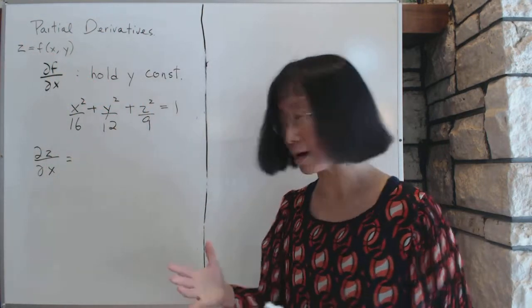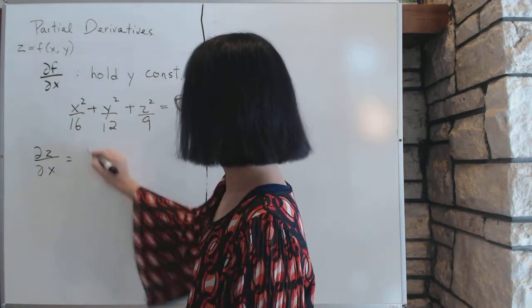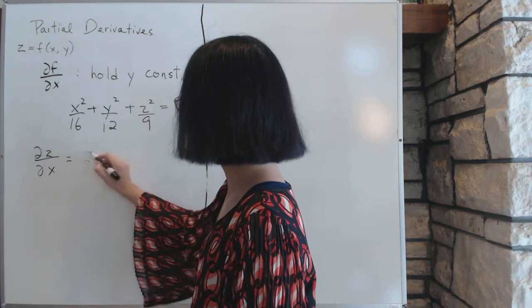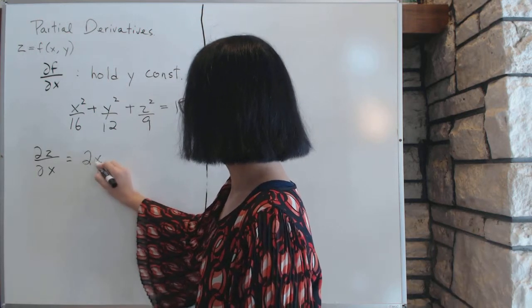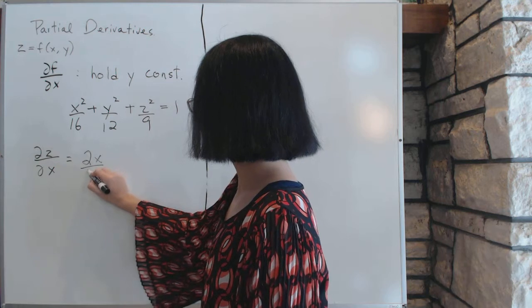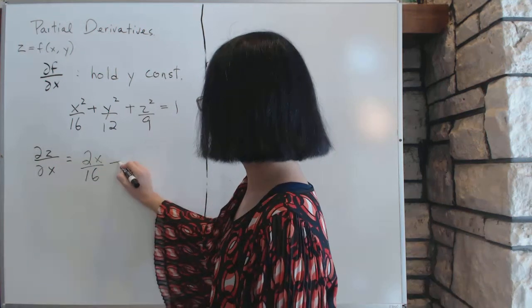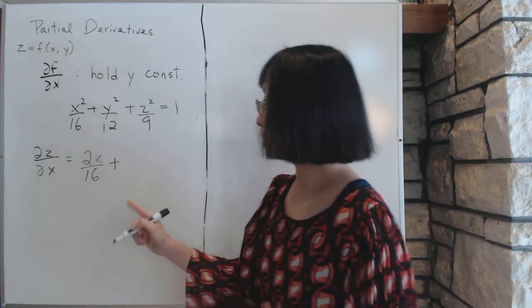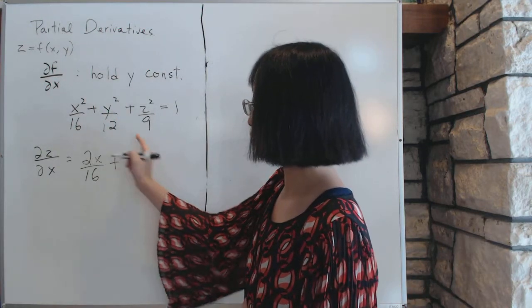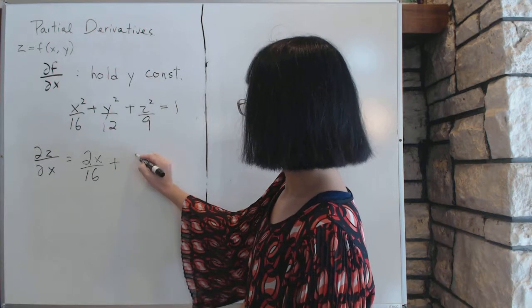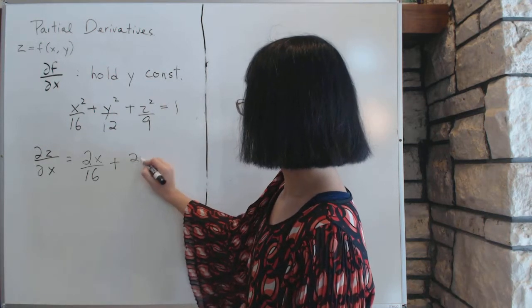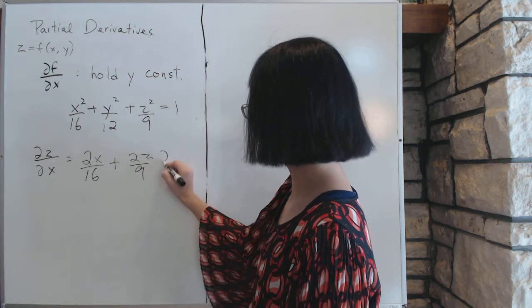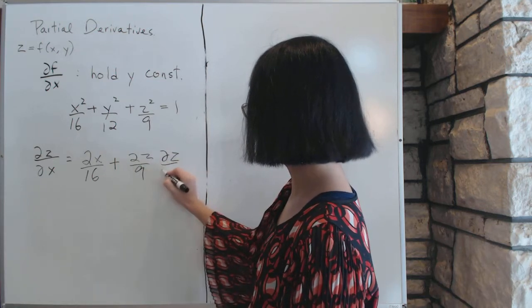Now looking at it in that way, the derivative of the first term will become 2x over 16, plus the derivative of y squared term, which is just going to be 0, because remember, y is constant, because that's what you're holding. And then z squared becomes 2z over 9, times partial z over partial x, since z is the dependent variable.